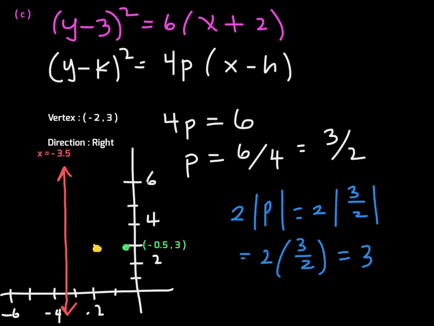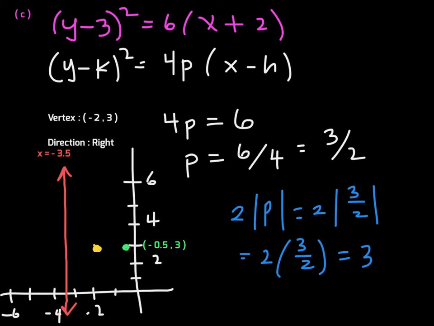So if we start at our focus and go up 3 units and go down 3 units, we will end up at the endpoints of our latus rectum, which lie on the parabola. Now, the focus is here at -1/2, +3. If I go down 3 units, I'm right on the x-axis at -1/2, comma 0.